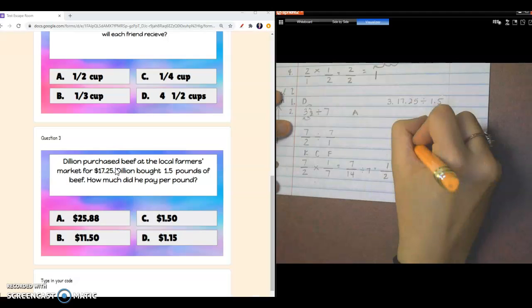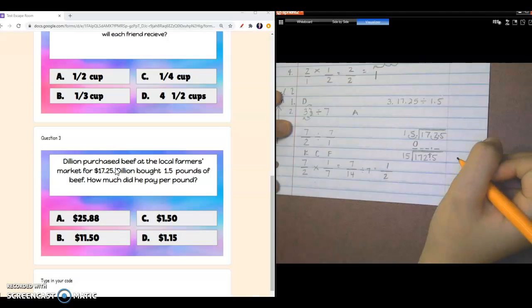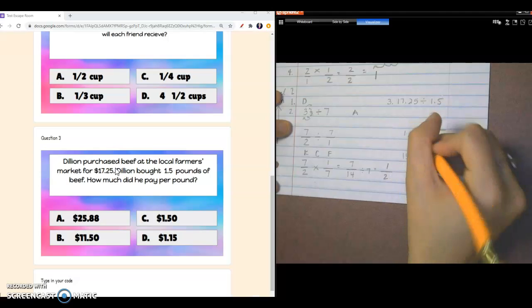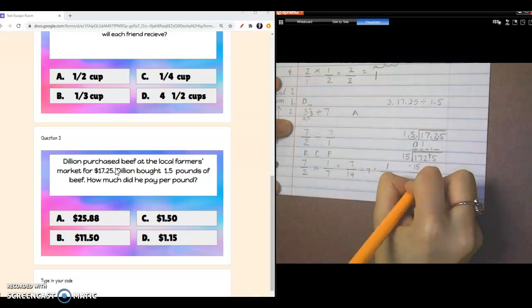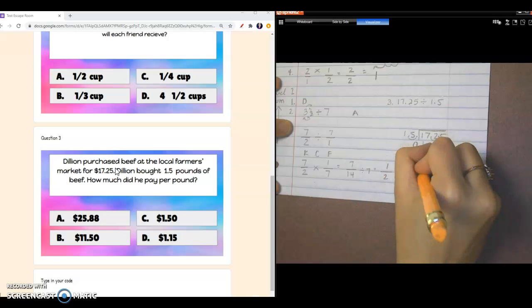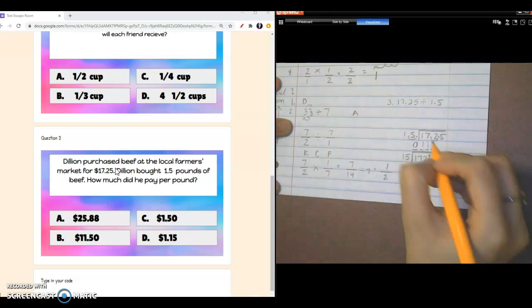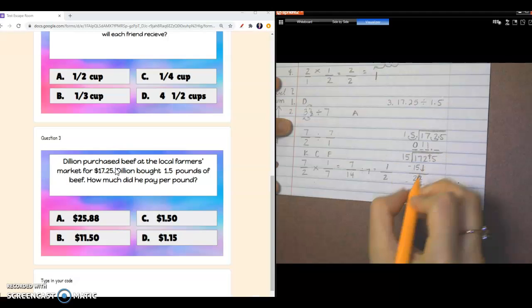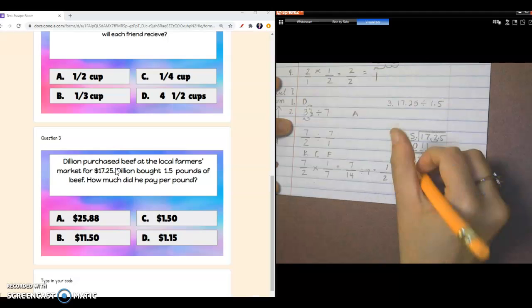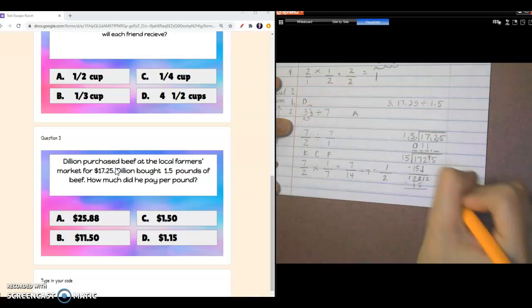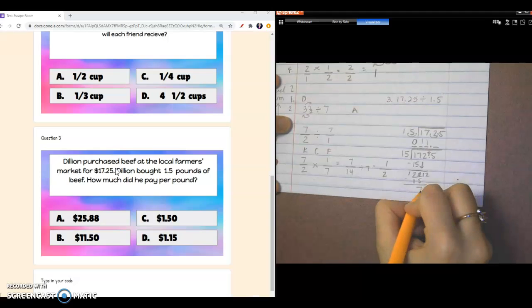15 cannot go into 1, so I'm going to put a 0. 15 can go into 17 one time. We subtract and we get 2 left over. Bring down my 2. 15 can go into 22 one time. We subtract. We have to borrow. 12 minus 5 is 7.